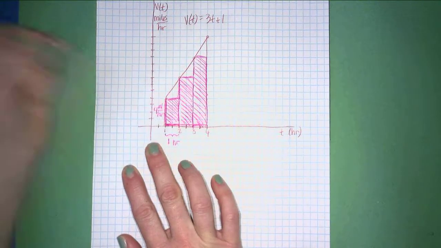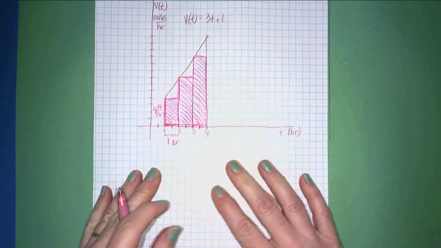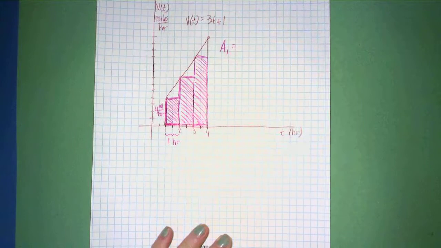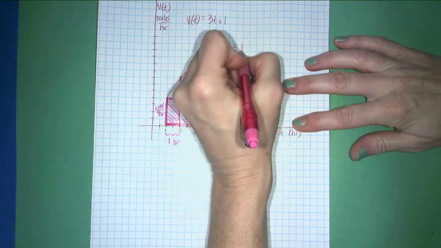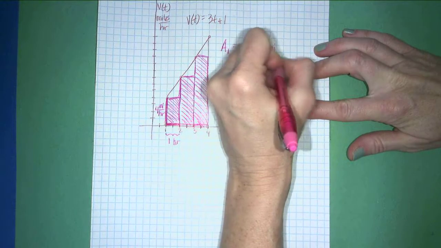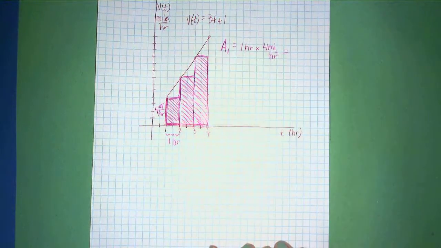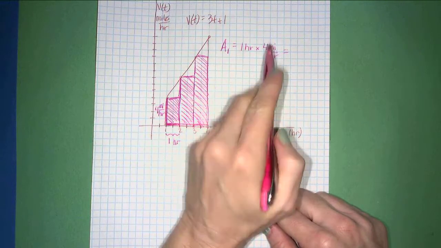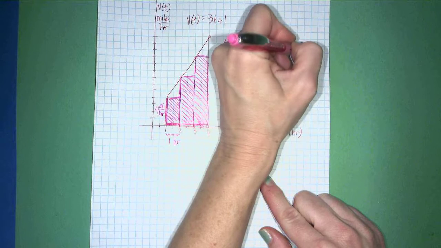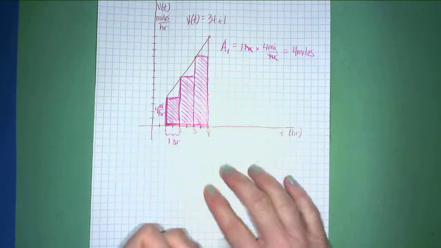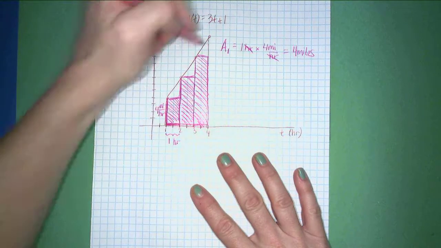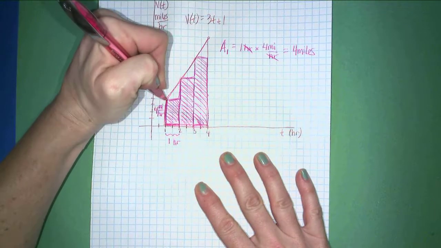So to find the area of rectangle 1, I would multiply 1 hour times 4 miles per hour, and look at how those units work out. The hours would cancel, and I would just be left with 4 miles.